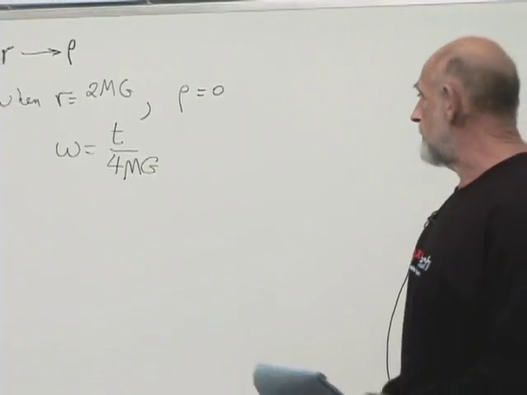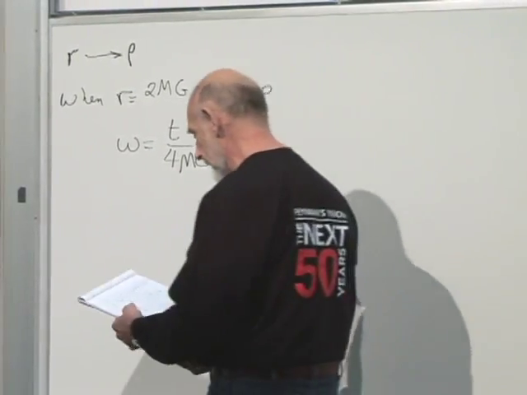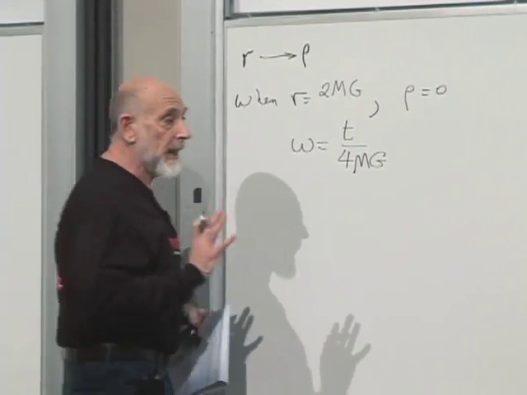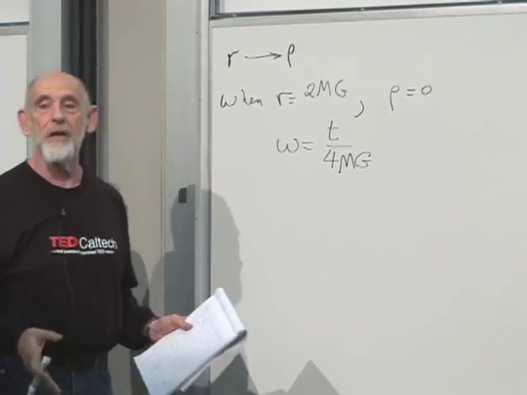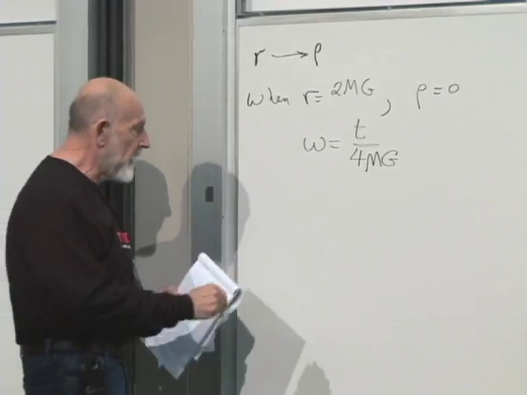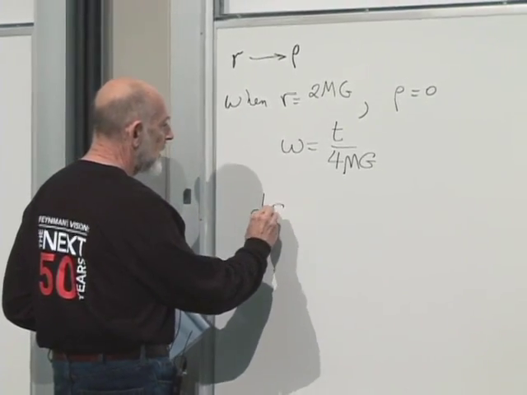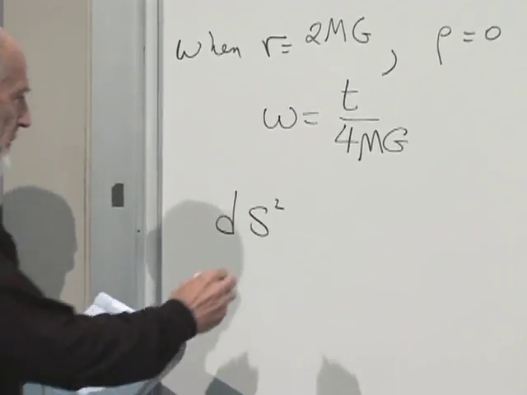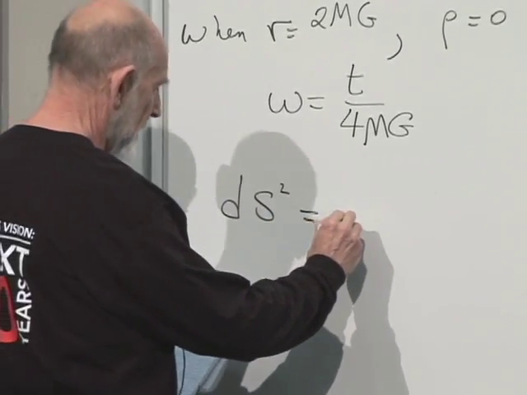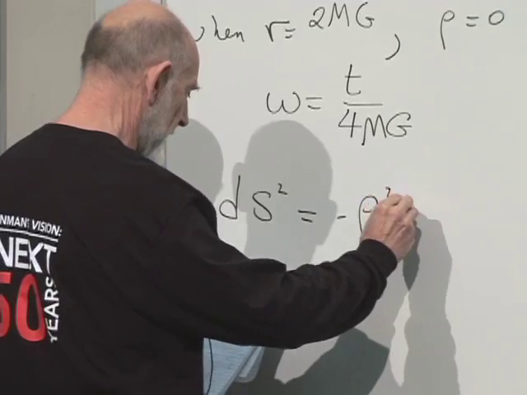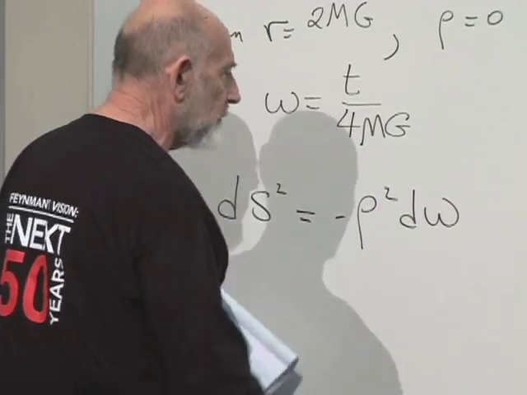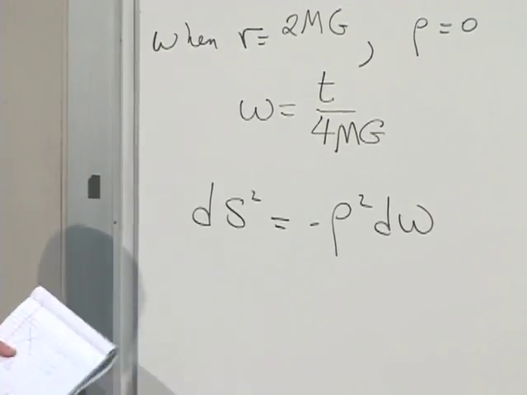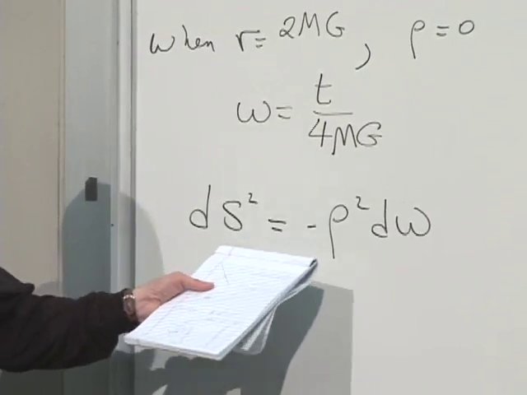It was a number of steps, more steps than I really like to do, but nevertheless, we did it. And we found out that near the horizon of the black hole, the near horizon geometry, the proper distance squared was equal to minus rho squared d omega squared plus d rho squared. I can write this in terms of proper time. The difference between proper distance squared and proper time squared is just that you change the sign.